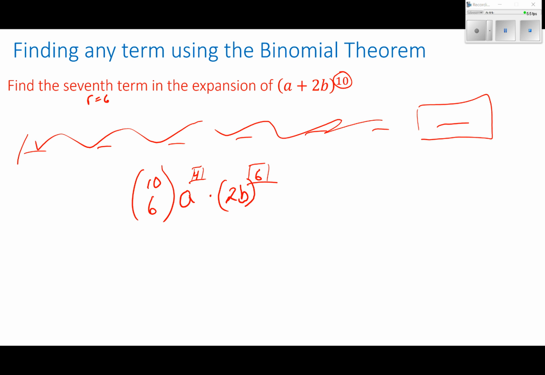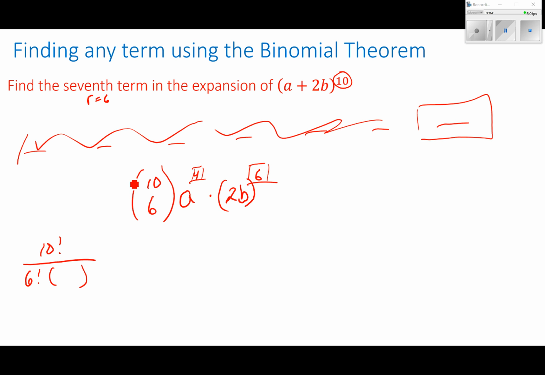So let's work this out a little bit. 10 choose 6. Remember, when we did that, that was 10 factorial in the numerator. And then in our denominator for our factorial piece, we're going to have r factorial, where r was 6, and then n minus r factorial.